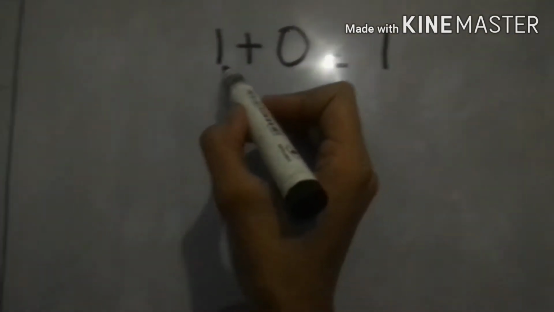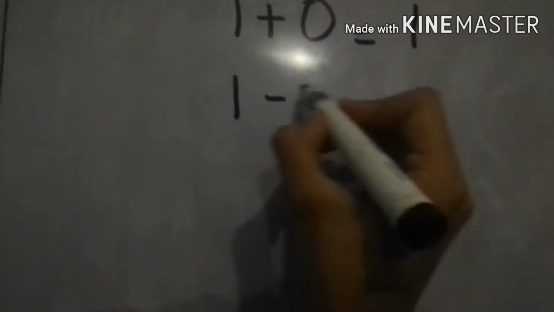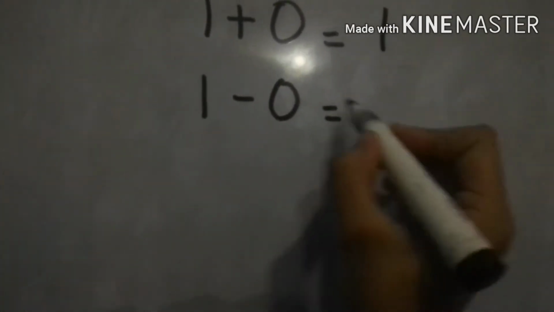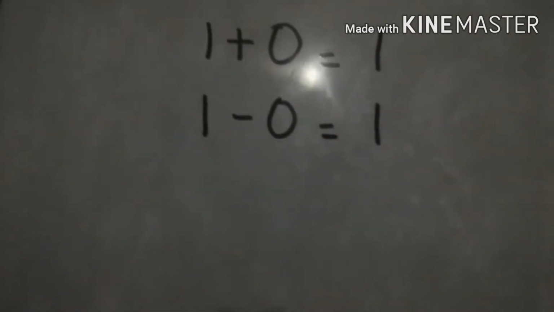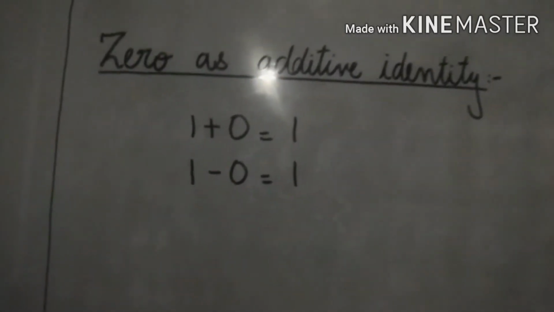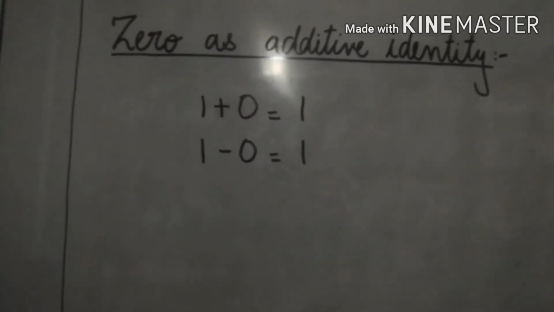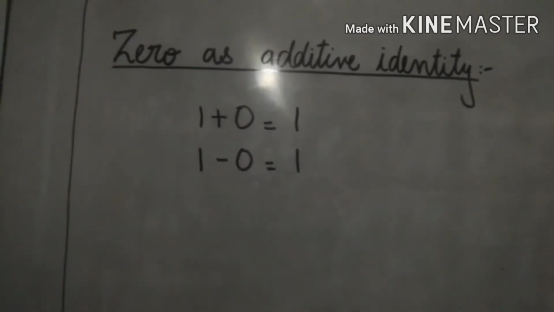We can see that the identity of the 1 does not change by adding 0 into it. As same, if I subtract 0 from 1, the answer will be 1. So it is the additive identity of the numbers, 0.